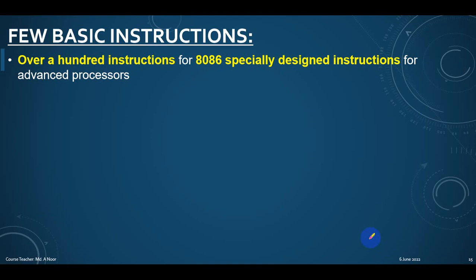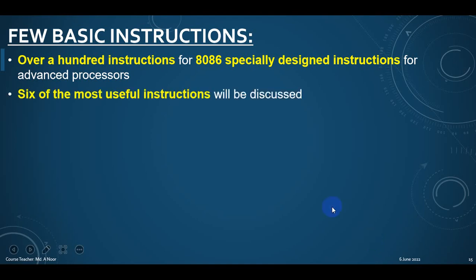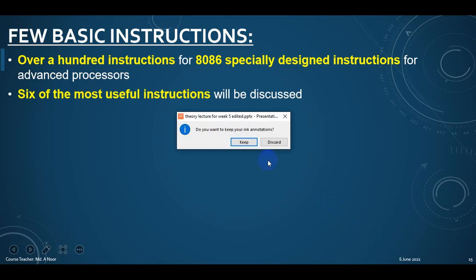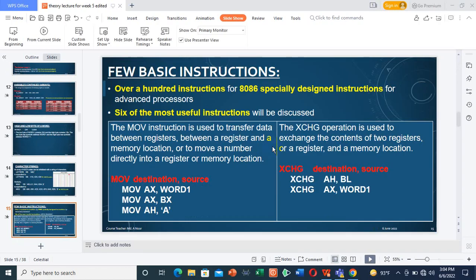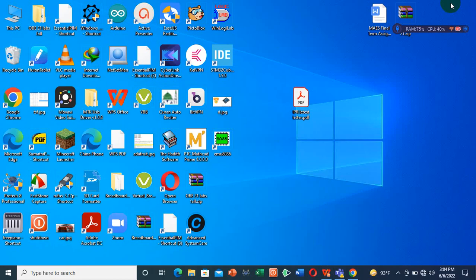We usually start with Intel 8086. And to learn assembly language, we use a very nice little software called Emulator 8086. If you search Google for Emu 8086, you can get the link and download the software. I have downloaded the software and then installed it.